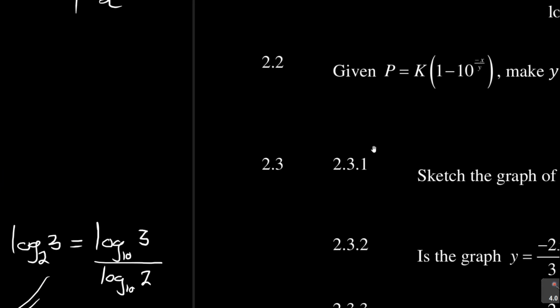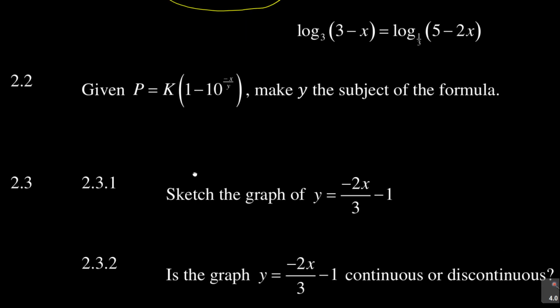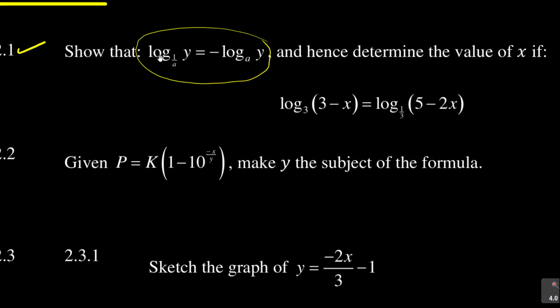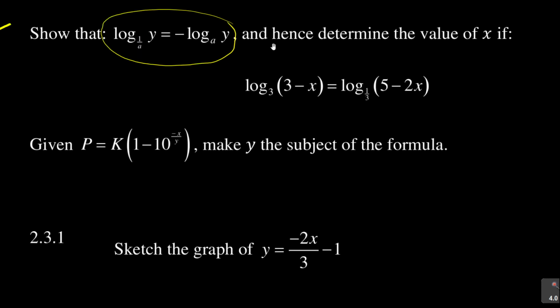The question was saying, given that, show that this is equal to that. So we've shown that. And then the next question says, and hence, which means continue with what you were doing from the previous one.